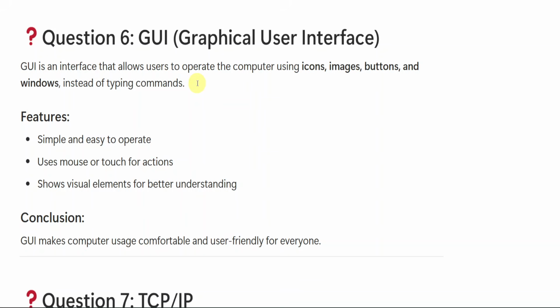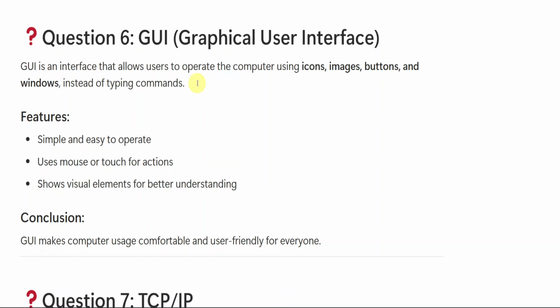Before, graphical user interface used to be not there. It used to be very difficult to operate the computer. It was very difficult to run the computer. Code used to be given. Like how now every icon, every button is seen with our eyes, but previously it used to be not there. Now even a kid can use the computer.